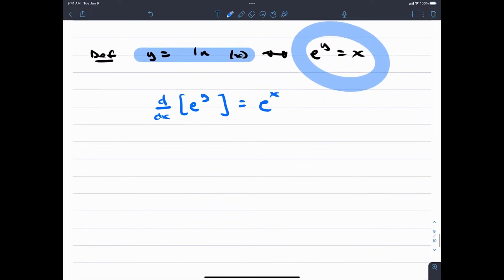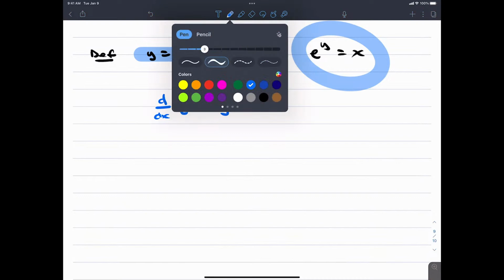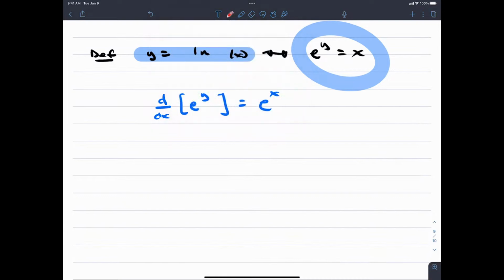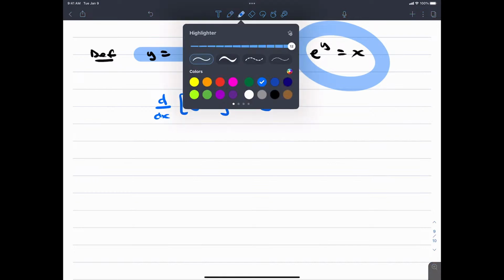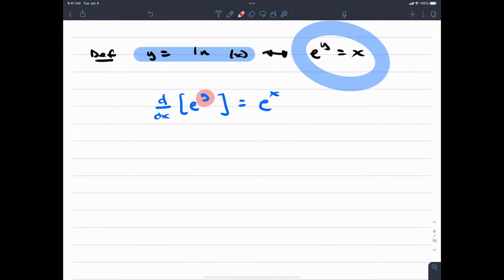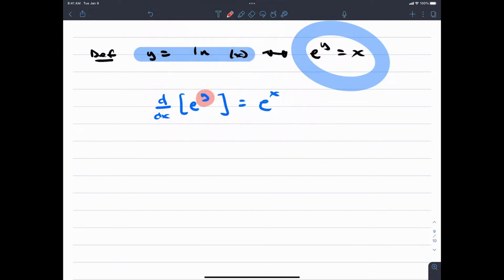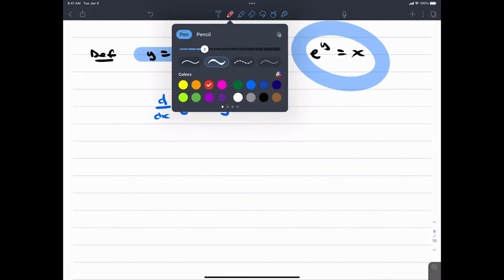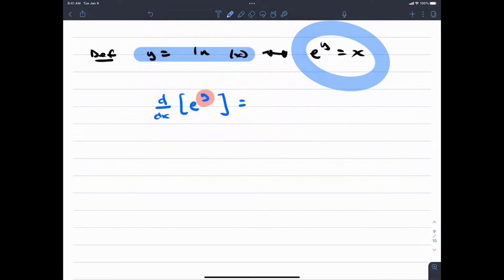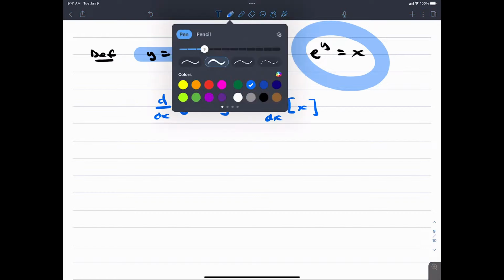Now, of course, y here is a function of x. So on the left side we're really doing d/dx, differentiating both sides with respect to x.